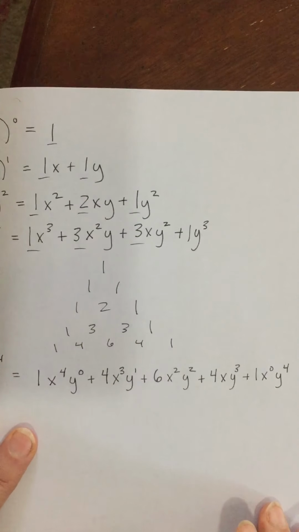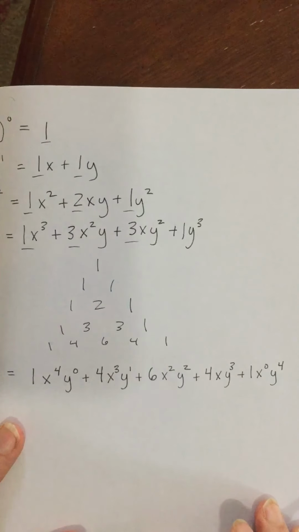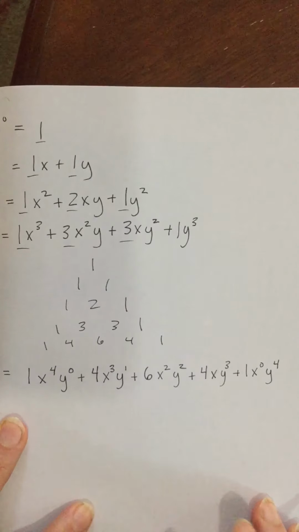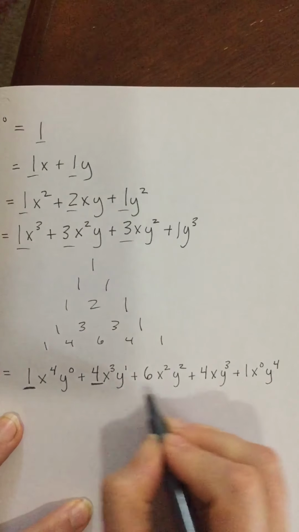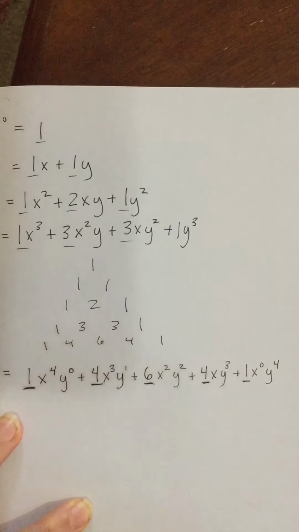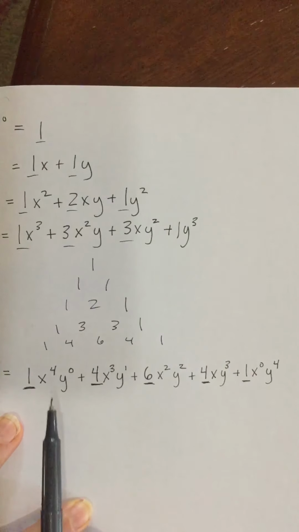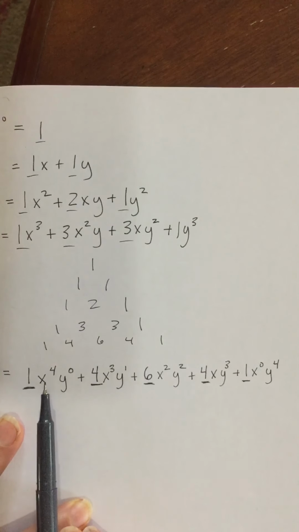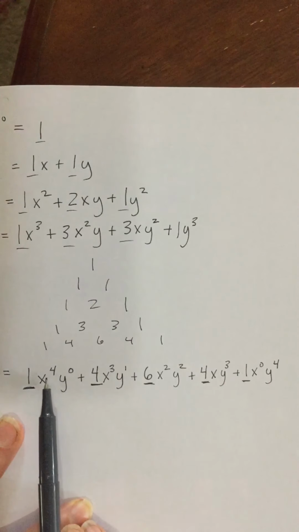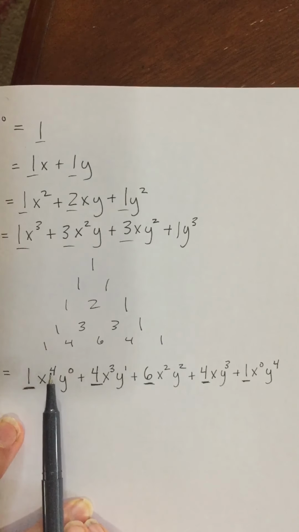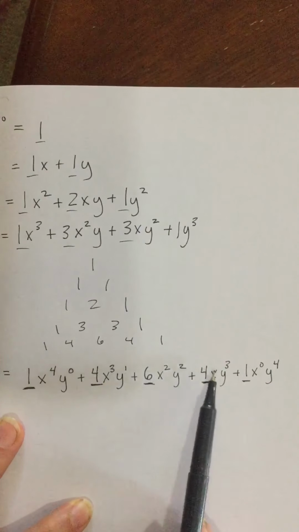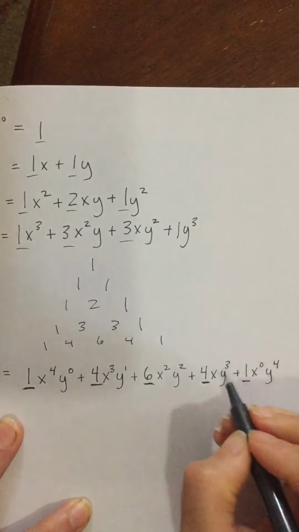Okay, so the thing I want you to realize with this expansion, first of all, the coefficients here are 1, 4, 6, 4, 1. Now what's happening with the variables is it's like one counts down as the other counts up. So the powers on the x go 4, 3, 2, 1, 0. Could have put a 1 there, I guess.